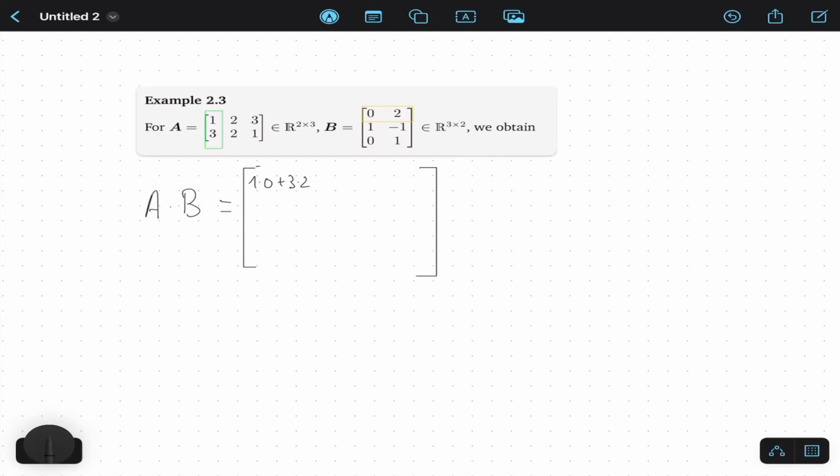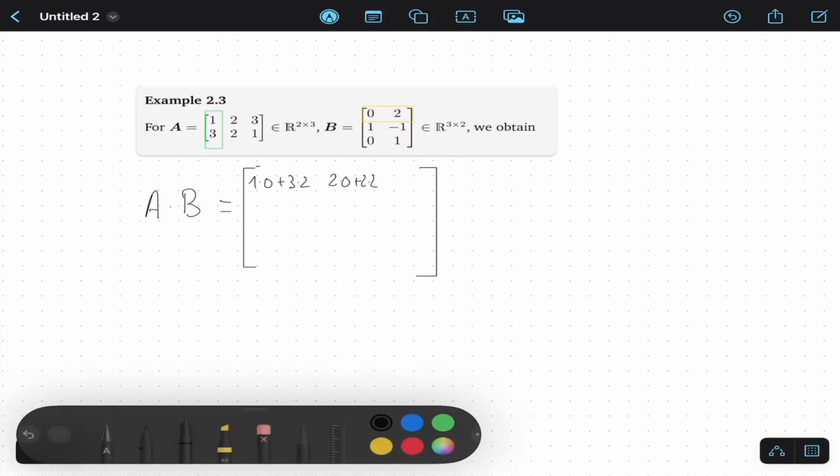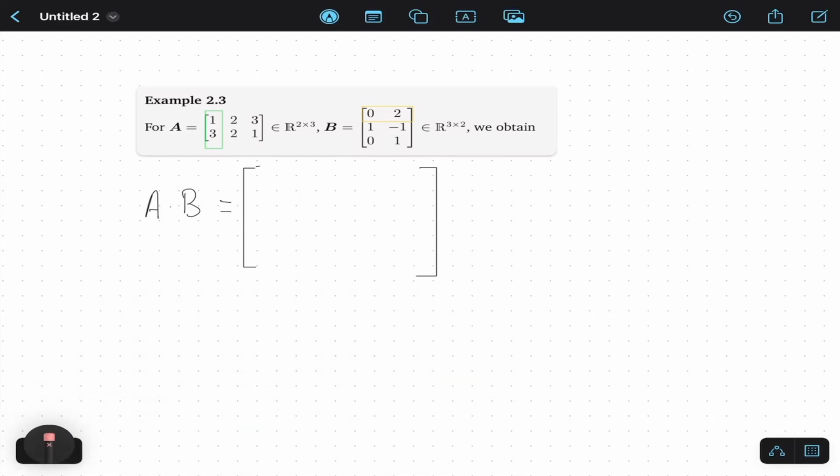And then we move the green one to the left. 2 times 0 plus 2 times 2. No, that's not right. Okay, let's just think without looking. I know that I have to reverse the boxes.